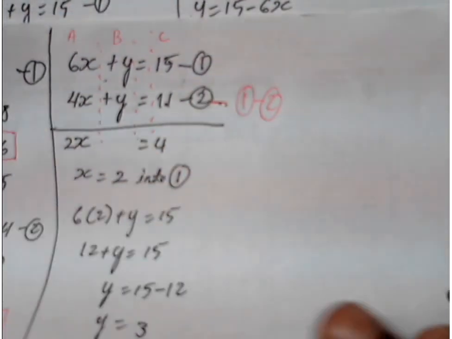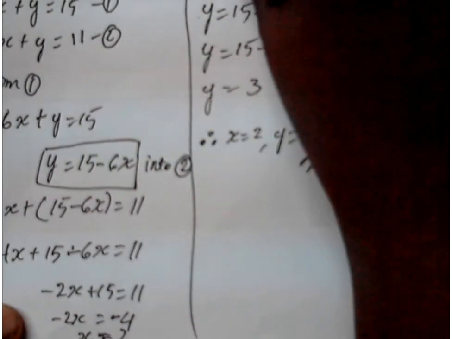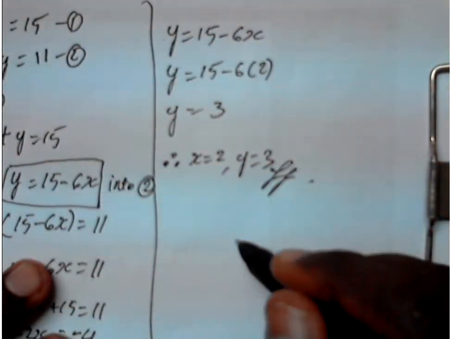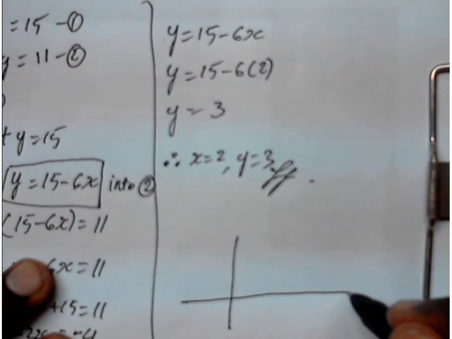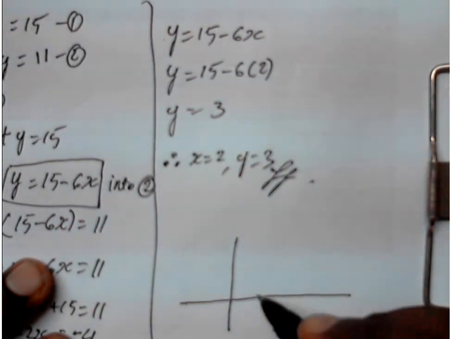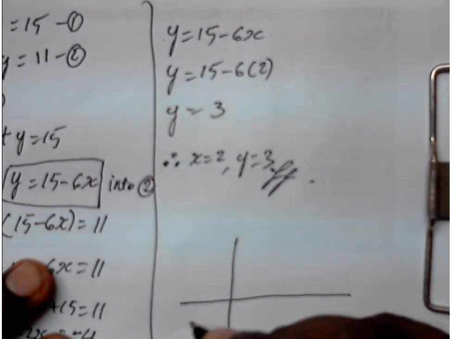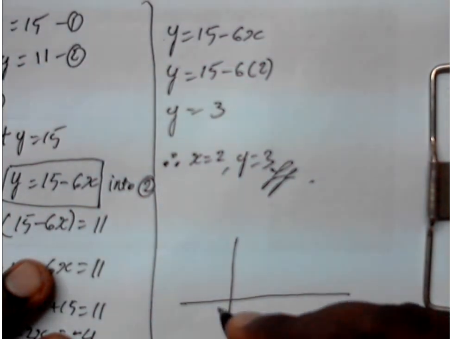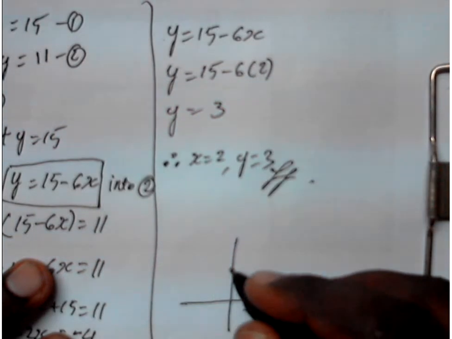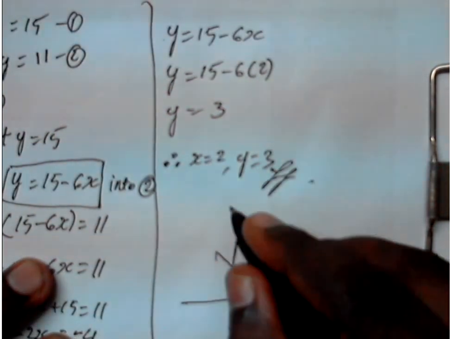Okay. Now the third one, probably if you're using computers, it will really come in handy, is to plot out the two graphs. So you have y equals minus 6x, something like that. One of the equations will look like this, and another one, something like this.